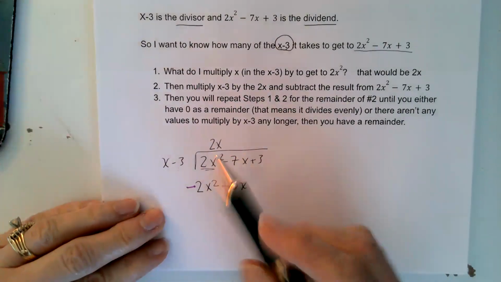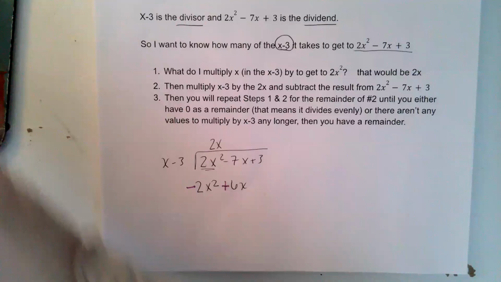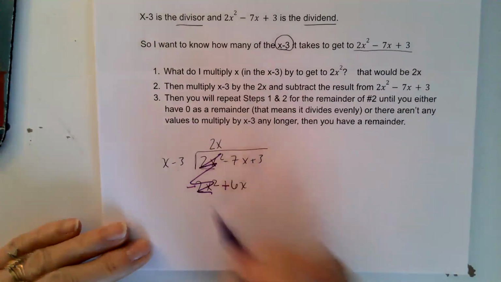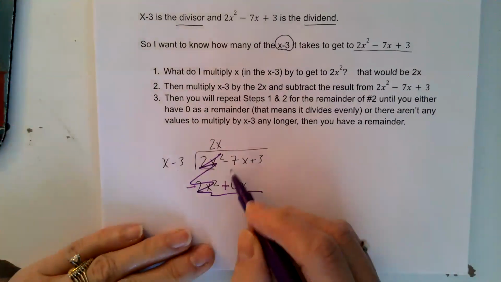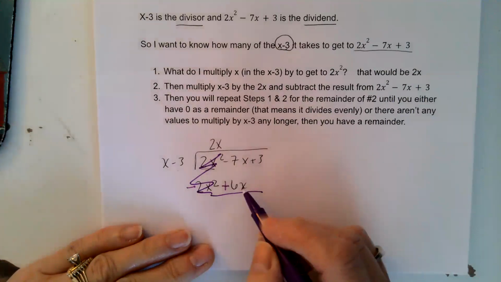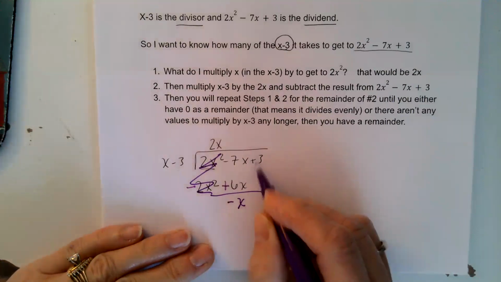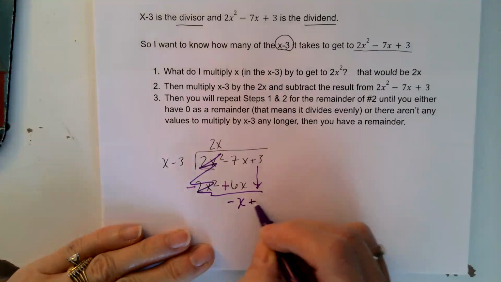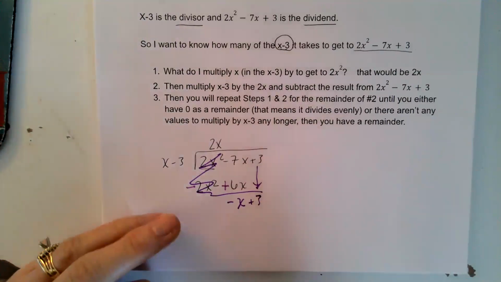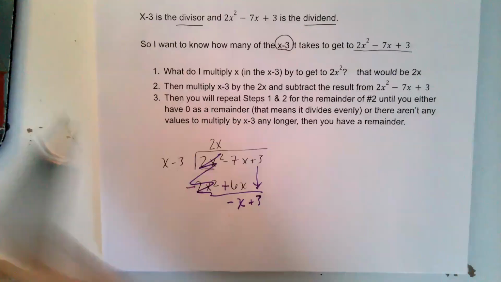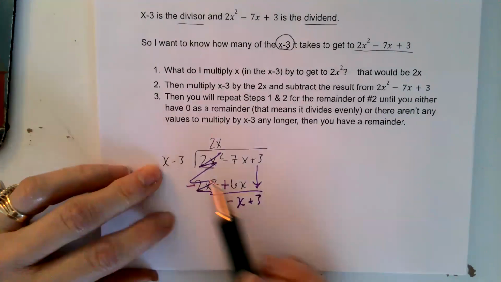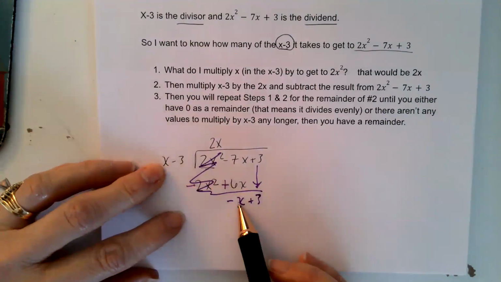So 2x squared minus 2x squared cancels out, which is what we want. And then we have a negative 7x plus 6x, which is a negative x. I'm going to bring down my 3. And then I'm going to ask myself, what do I have to multiply x by to get to a negative x?